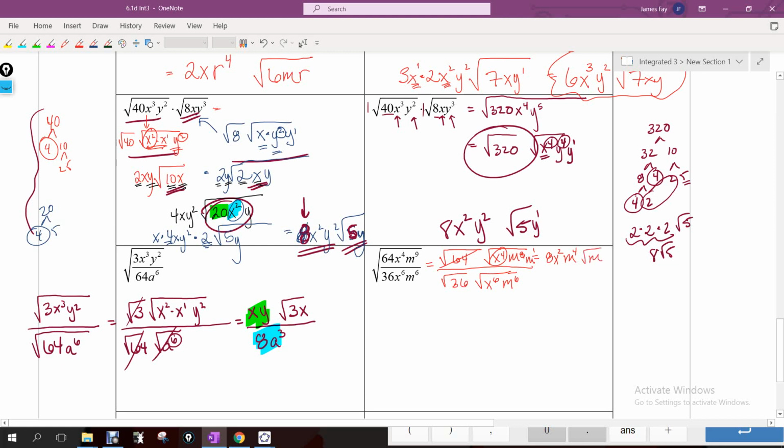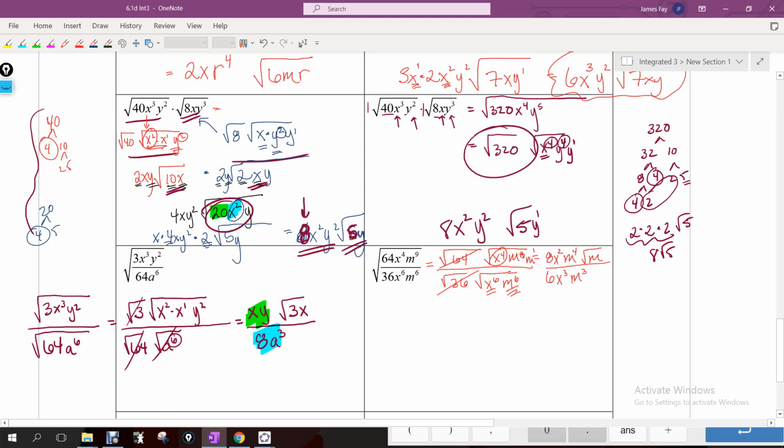And then m to the 1st stays underneath. The bottom, 36, square root of that is just 6. X to the 6th can come out as x to the 3rd. And m to the 6th can come out as m to the 3rd.